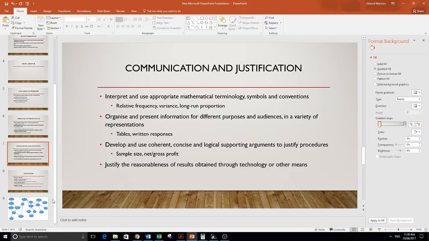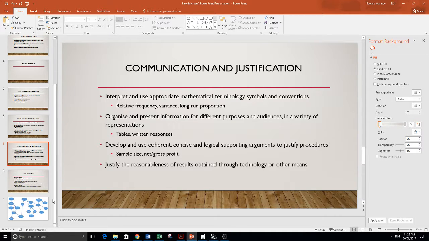Communication and justification. So interpret and use appropriate mathematical terminology. So we did that again in the form of relative frequency, variance, and long run proportions. Organize and present information for different purposes and audiences.